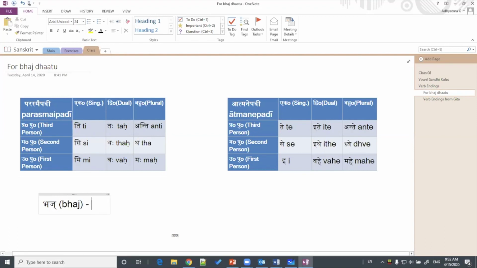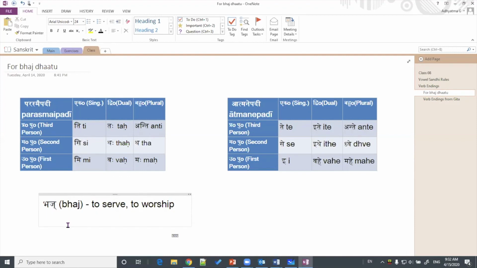It means to serve, to worship. That bhajana, we say bhajan, is coming from this root, bhaj.